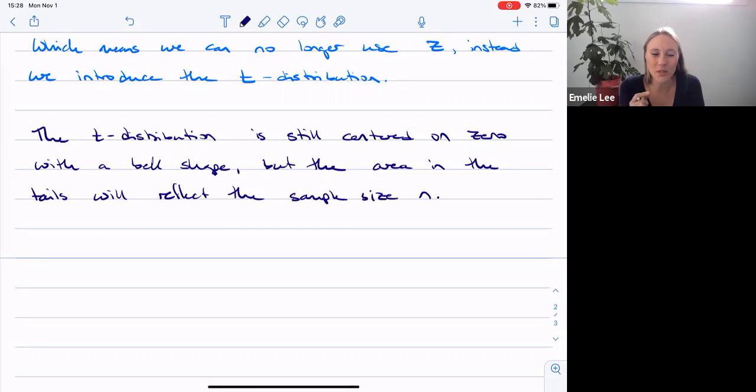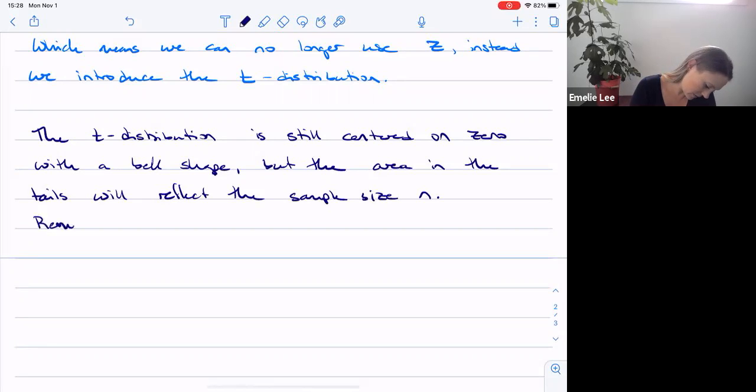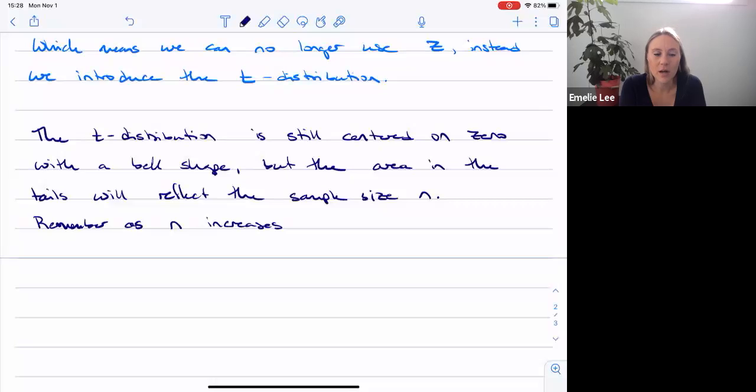Remember, as n increases, our estimates become stronger, closer to the parameters.